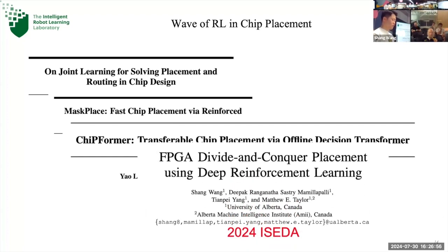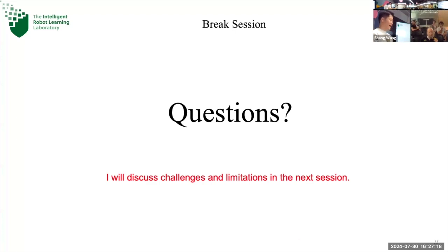In 2024 at EDA, we proposed the first reinforcement learning-based algorithm to solve FPGA placement. So more and more AI researchers are starting to apply various RL techniques to chip placement problems, and more are starting to notice that chip placement is one of the more promising RL applications.